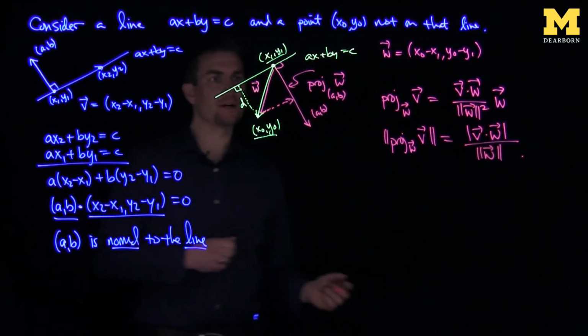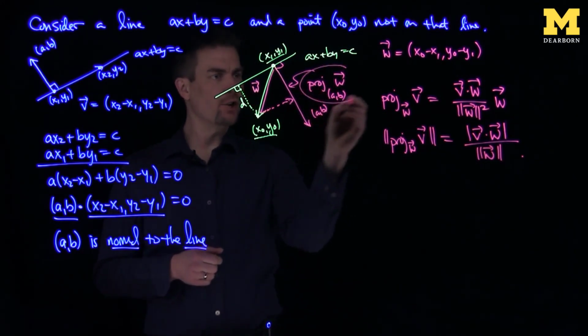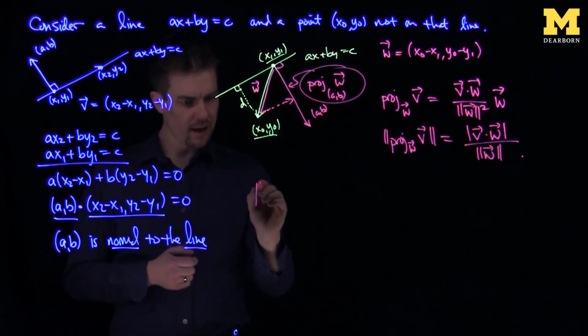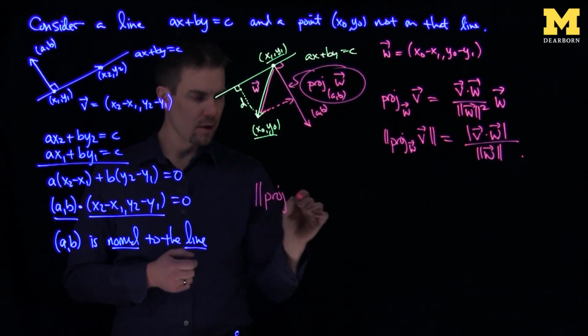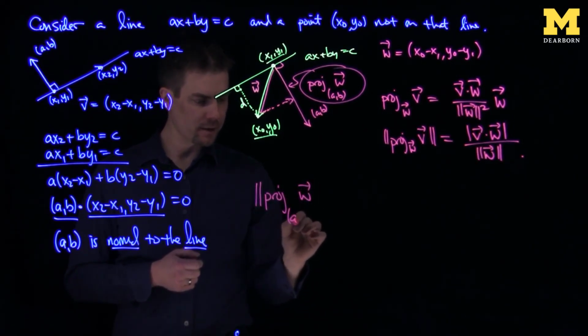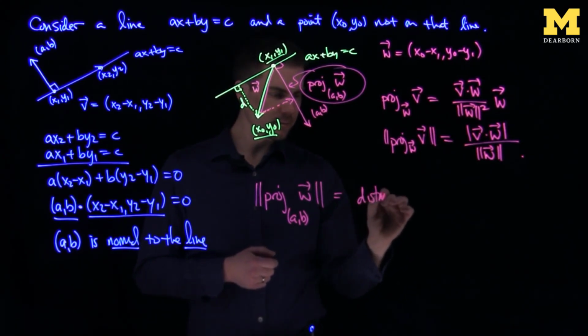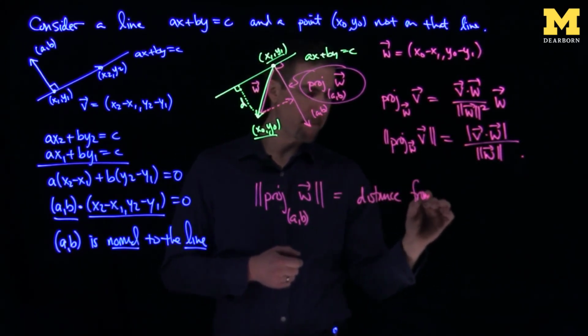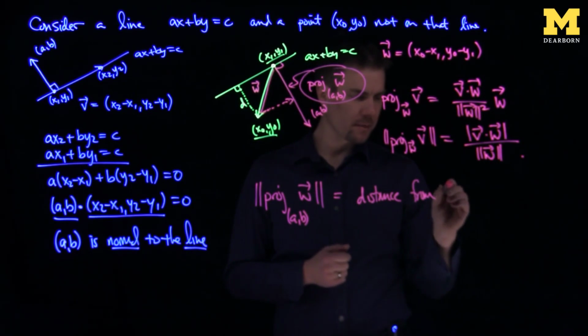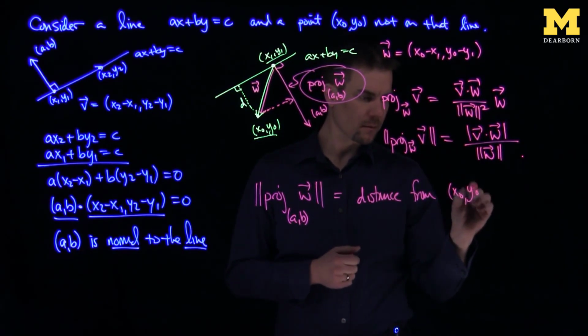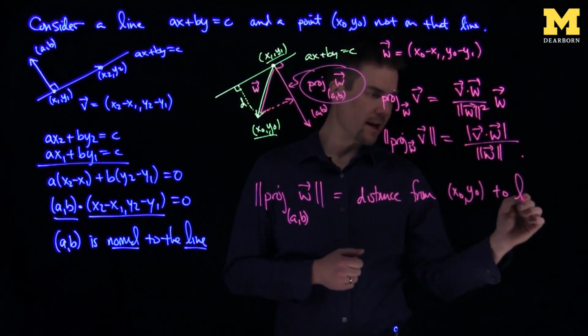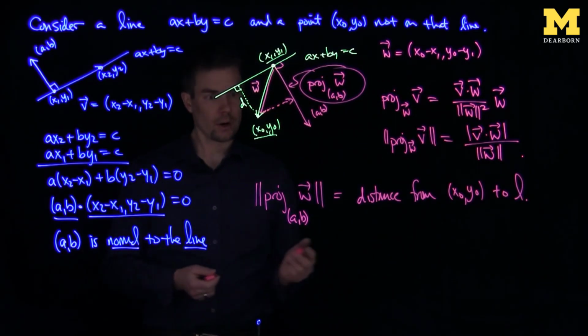So what we'll do now is the length of the projection of w onto the vector AB is the distance from x0, y0 to the line L.